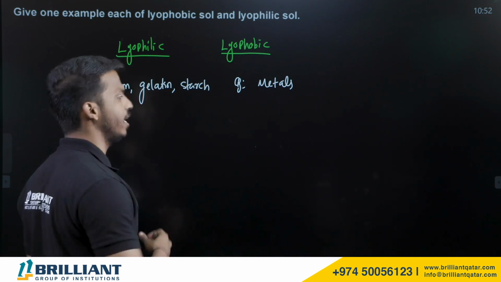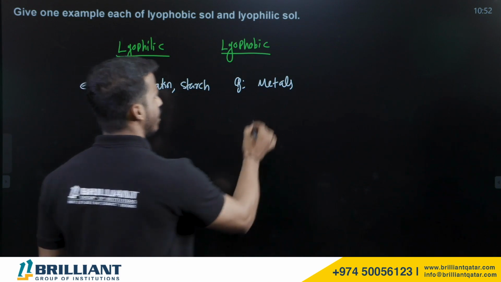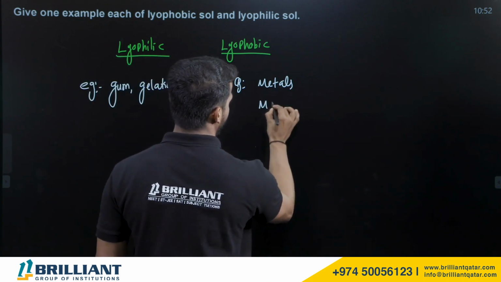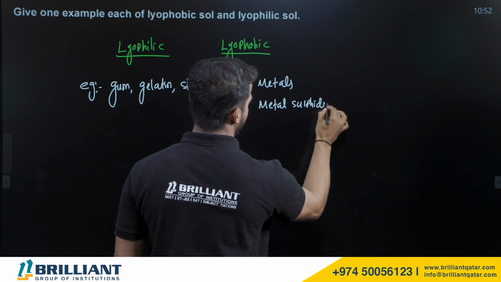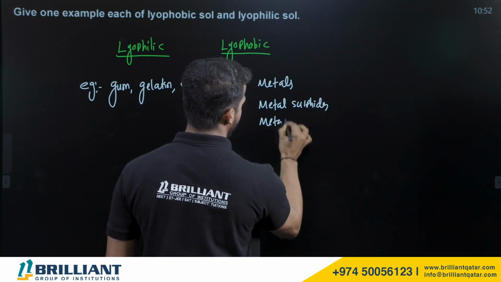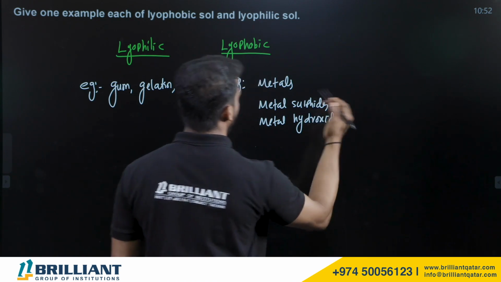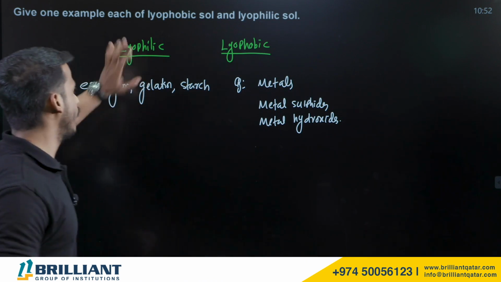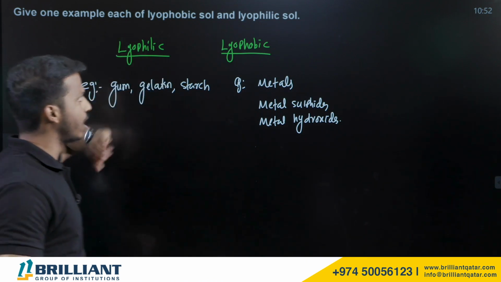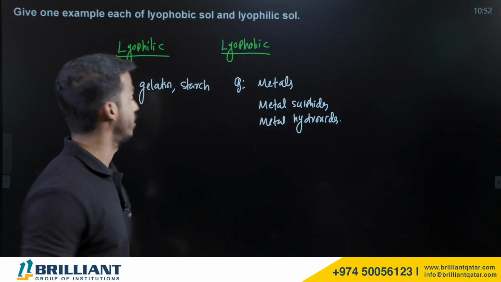If you add them into a solvent, they won't form a colloid. Metals, metal sulfides and metal hydroxides all belong to lyophobic colloids. Lyophilic colloids are gum, gelatin and starch.